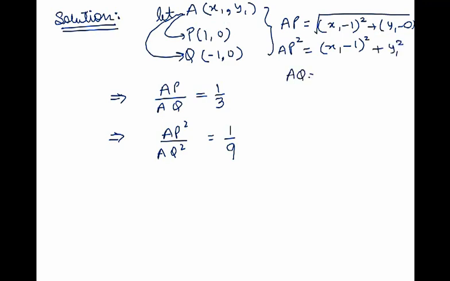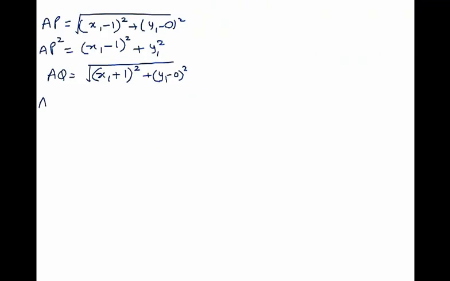Similarly, AQ equals square root of (x1 minus of minus 1, that will turn out to be plus 1) so (x1 plus 1) whole square plus (y1 minus 0) whole square. So AQ square equals (x1 plus 1) whole square plus y1 square.